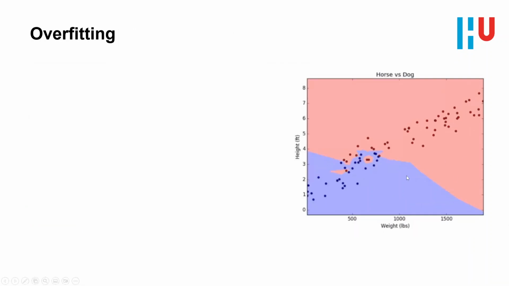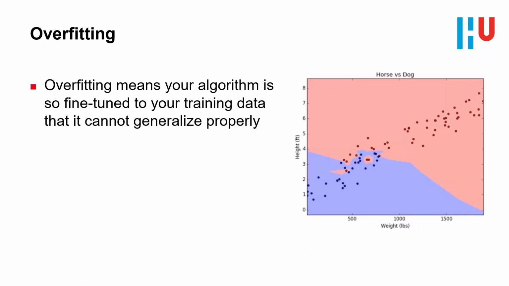What you see in this example is a phenomenon we call overfitting. Basically, overfitting means that your algorithm is so fine-tuned to your training data that it doesn't generalize that well.